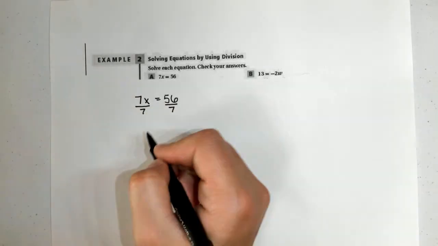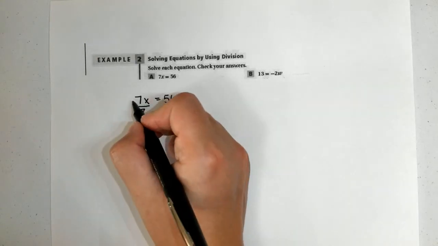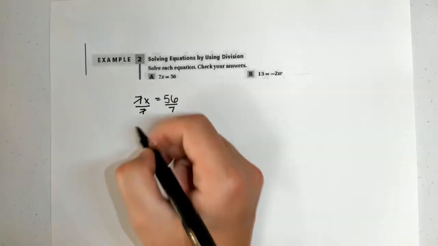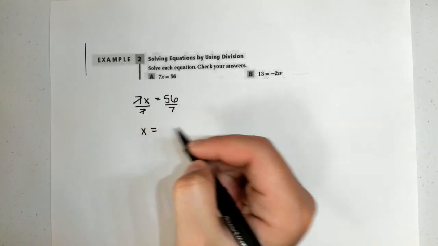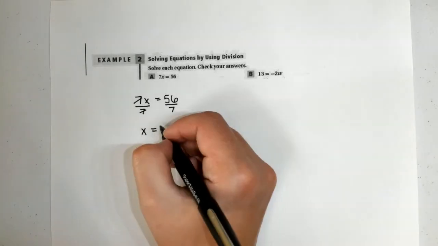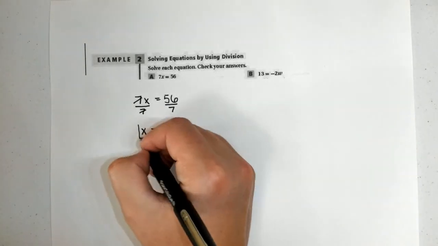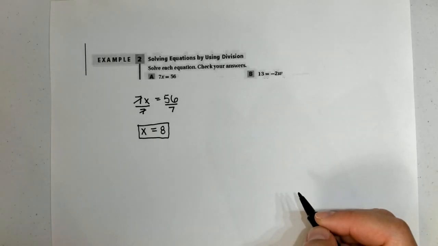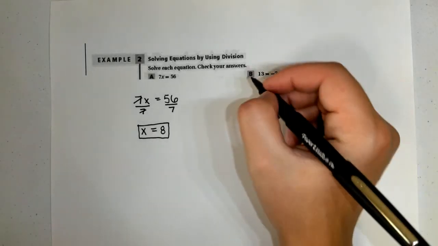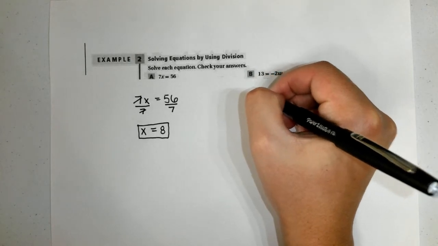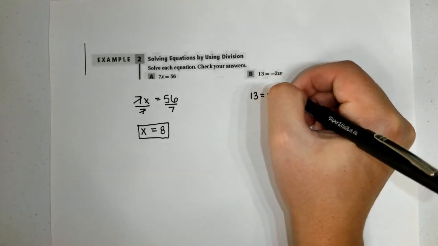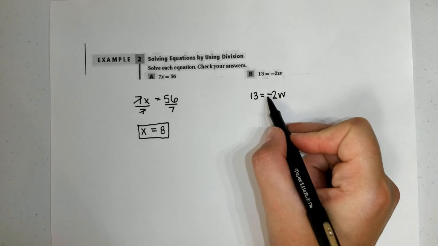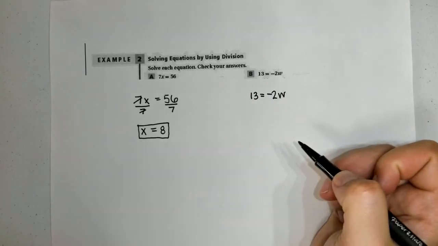So I'm going to divide both sides by 7. 7 divided by 7 gives me 1, so I'm left with 1x. And then 56 divided by 7 gives me 8. So x equals 8.